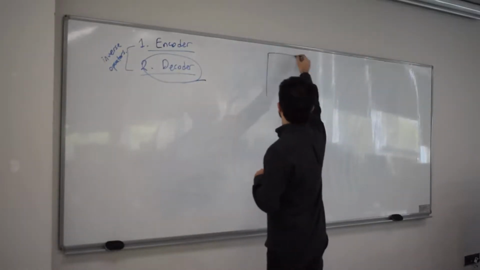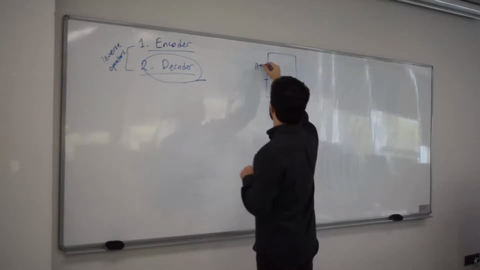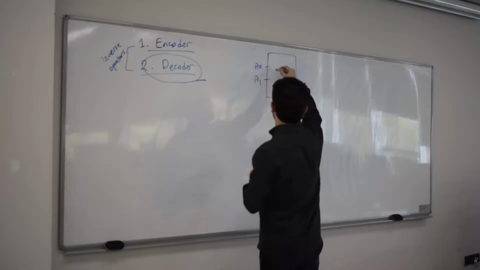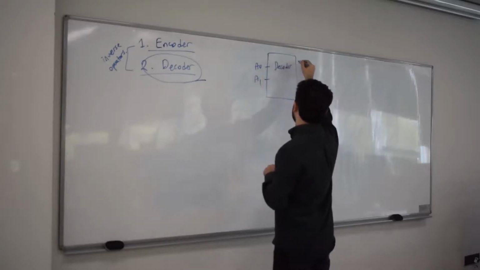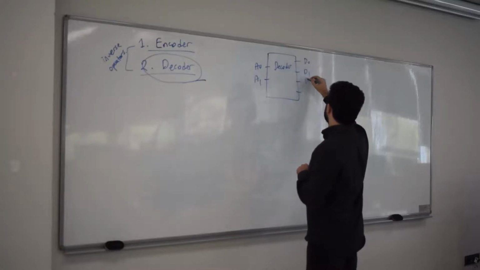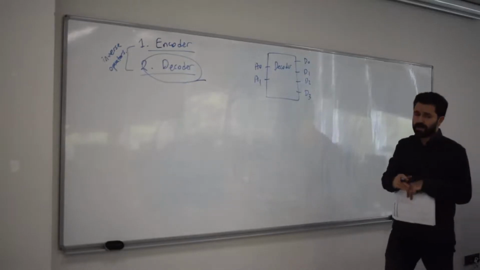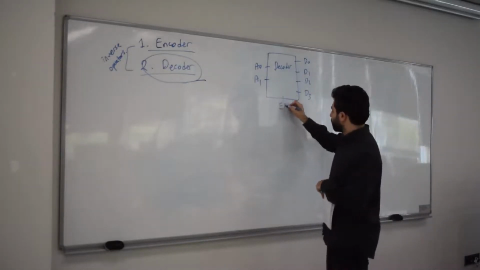So let me just apply that to the decoder. We have a decoder, A0, A1, this is my decoder. You got 4 outputs, right? D0, D1, D2, and D3, okay? And I've got an enable input here.